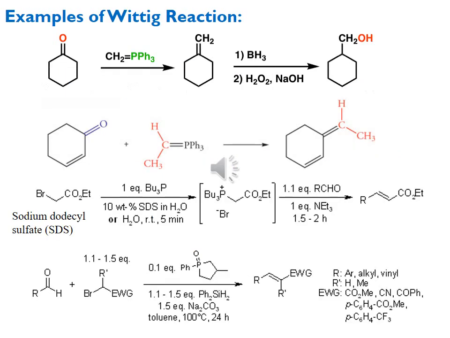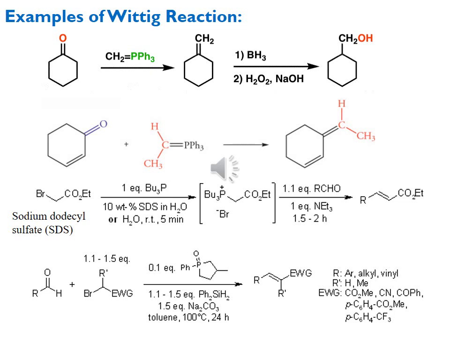Here are some synthetic examples for the Wittig reaction. In the first example, you can see cyclohexanone is converted into methylene cyclohexane, which is then converted into the alcohol form. Second is a conjugated cyclohexanone, which is converted into the corresponding conjugated alkene.